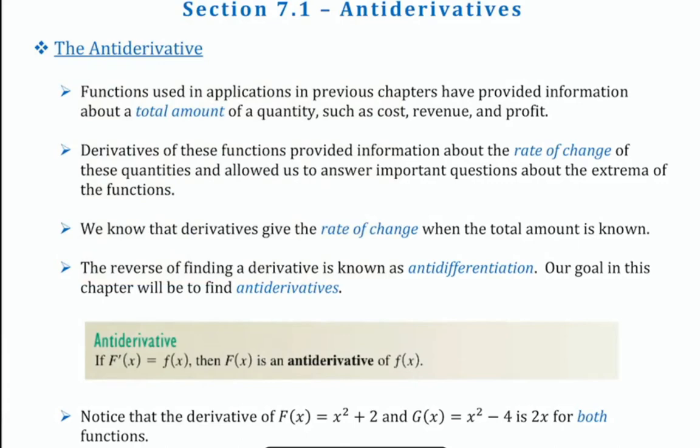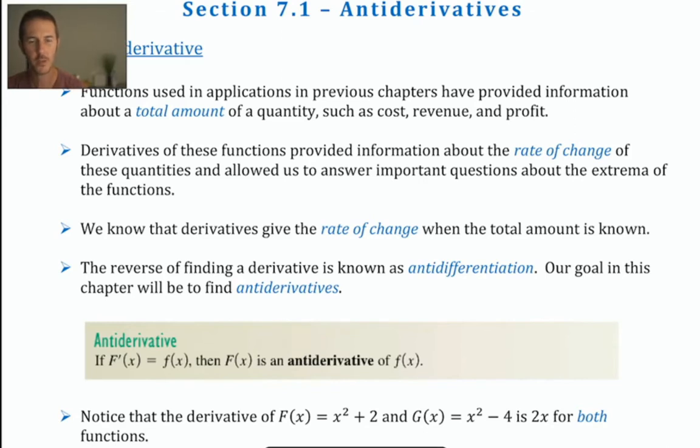The first thing we need to know about antiderivatives maybe is what I've already mentioned, that they are the reverse of the process of taking a derivative. There's a little bit of notation at the bottom of the screen here, and you are of course always welcome to read all of the text in these prepared notes.